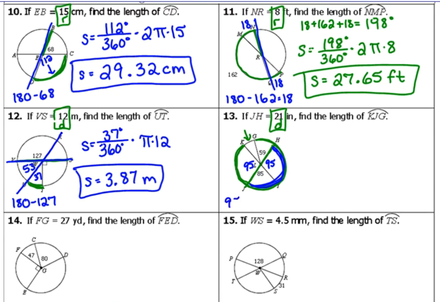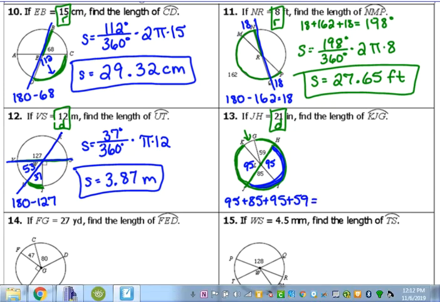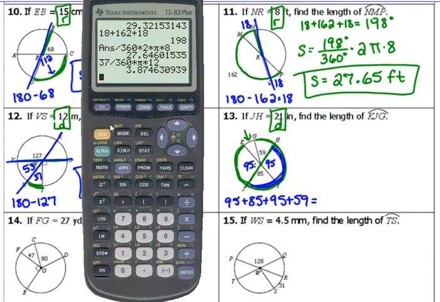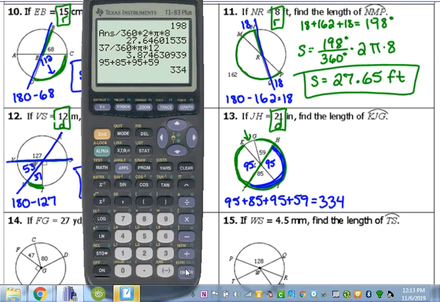And all 4 of those angles together correspond to the arc that we're trying to find. So if we add them all up, 95 plus 85 plus 95 plus 59, that's going to give us the degree measure. 334 degrees, almost the entire circle. So arc length is our arc over the entire circle, 360, times, this time it was the diameter, so just pi times the diameter.